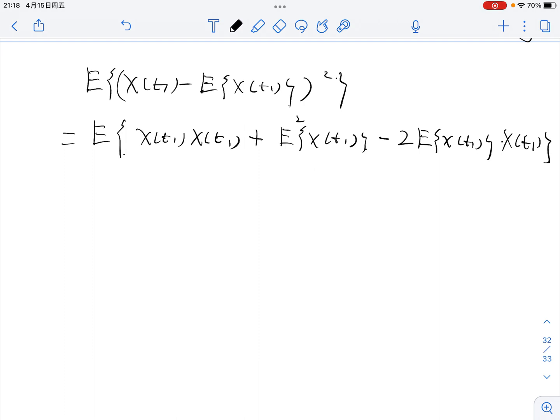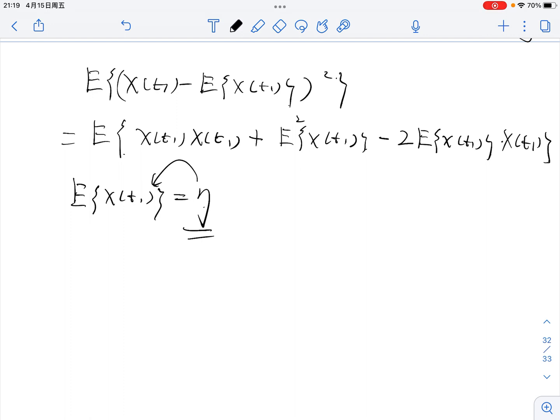Since the normal process is strict-sense stationary, the expectation of x(t1) is eta. Eta is a constant here, which denotes the average of the expectation of the random variable x.